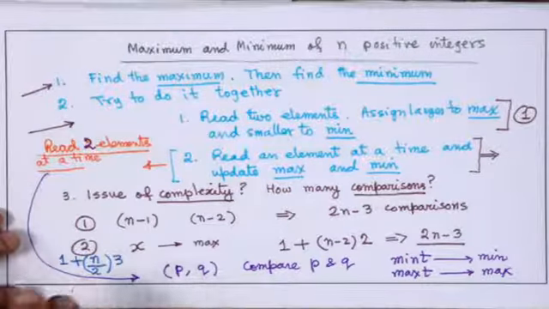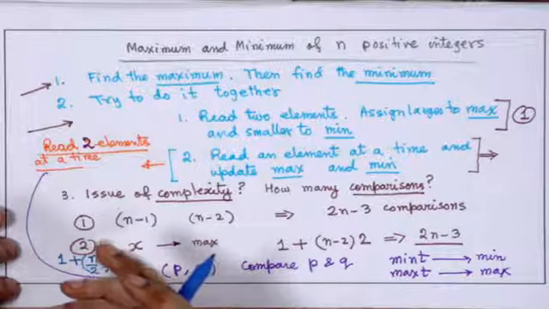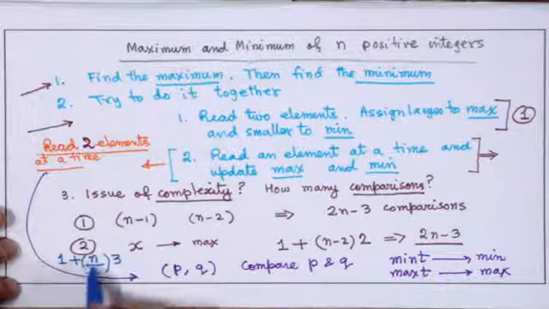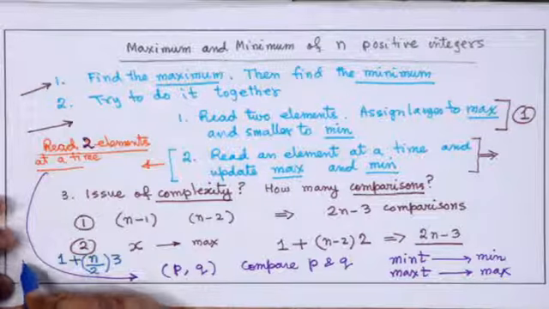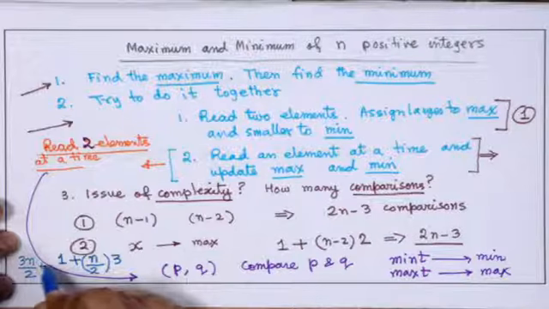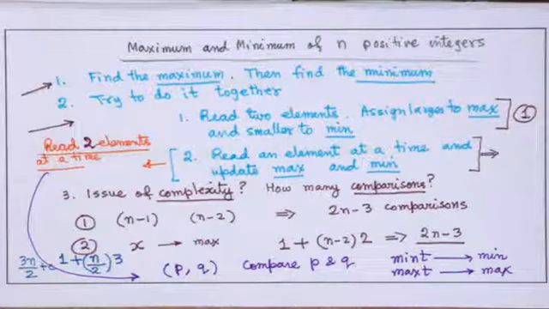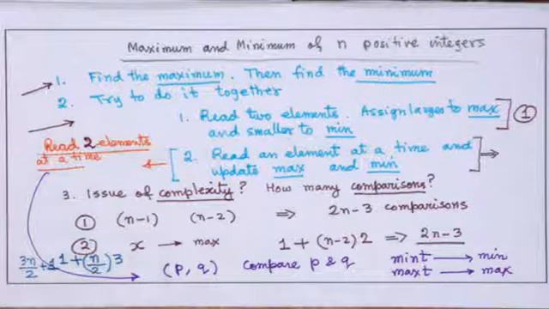Obviously, for odd and even you will see a little bit of difference. This effectively tells you that you are going to end up doing approximately 3n by 2 plus some constant number of comparisons, which is dramatically less than the 2n minus 3.